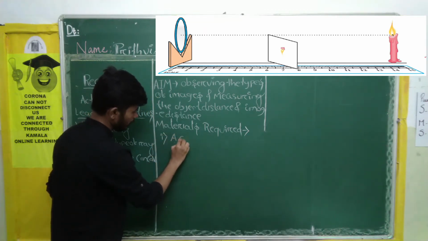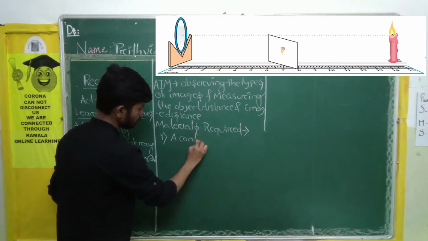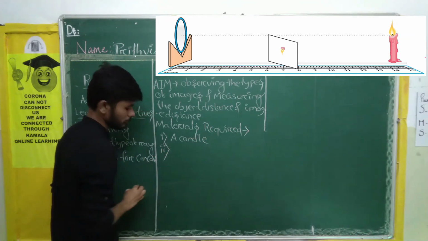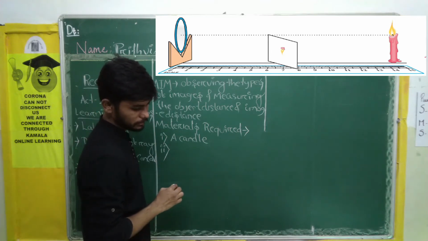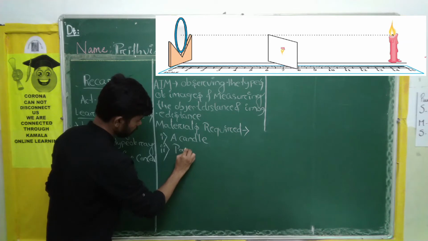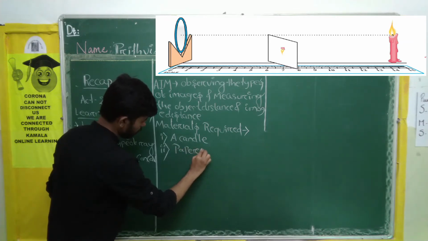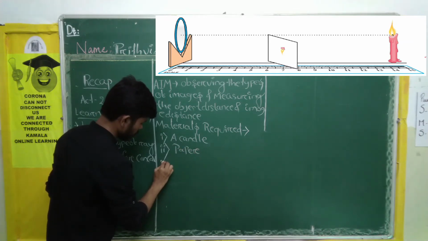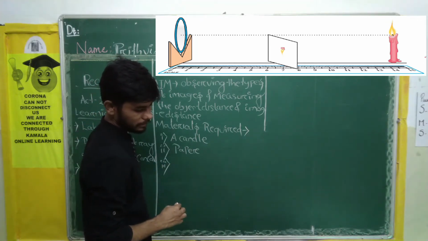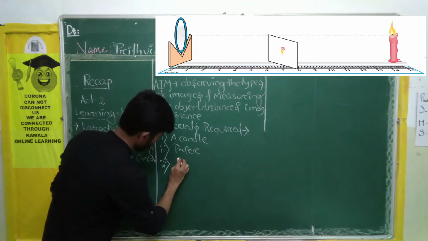First one is a candle. Second is your paper. Third, you require a concave mirror, very important.